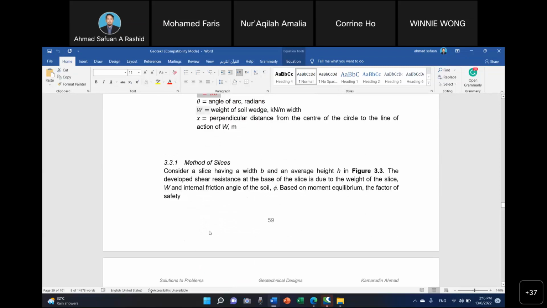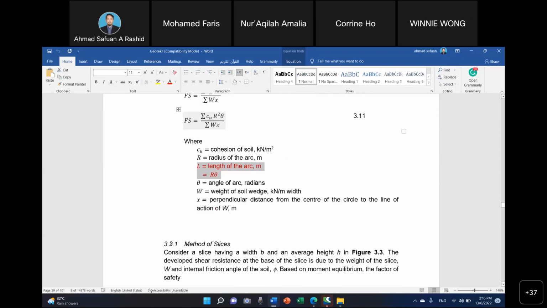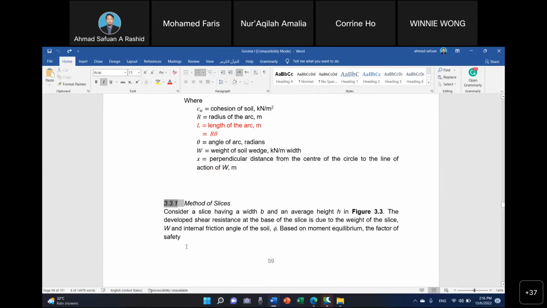Then we have section 3.3.2, the method of slices. Consider a slice having a width B and average height H in figure 3.3.